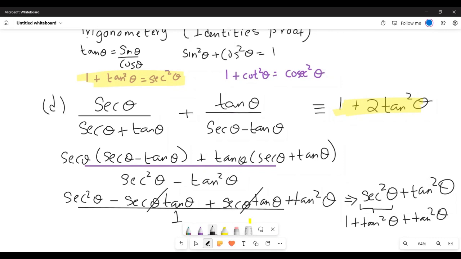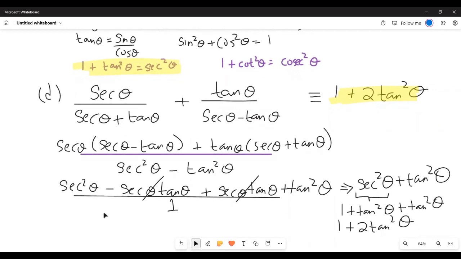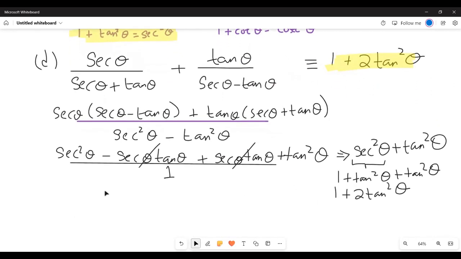So now we have the required form, 1 plus 2 tan square theta. That is the proof of the identity. All right. Let's move on. That's enough practice for the identities. You'll get more questions like this in the worksheet.